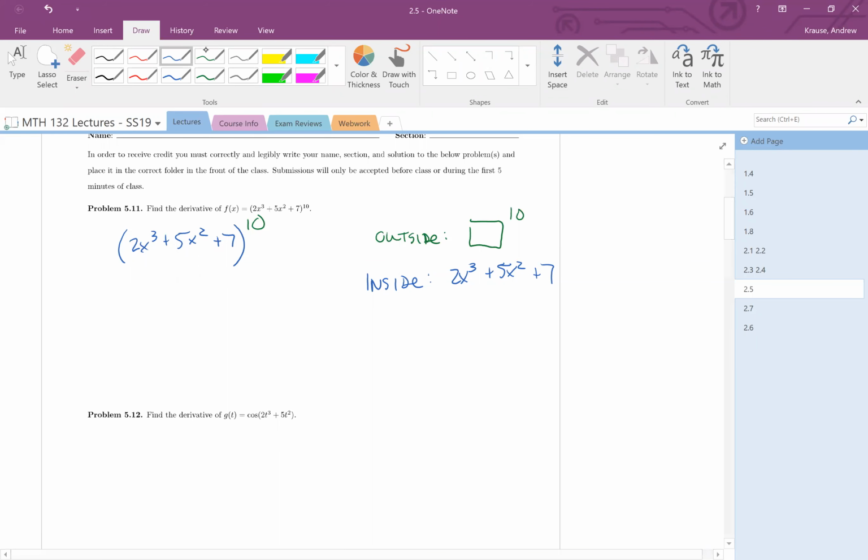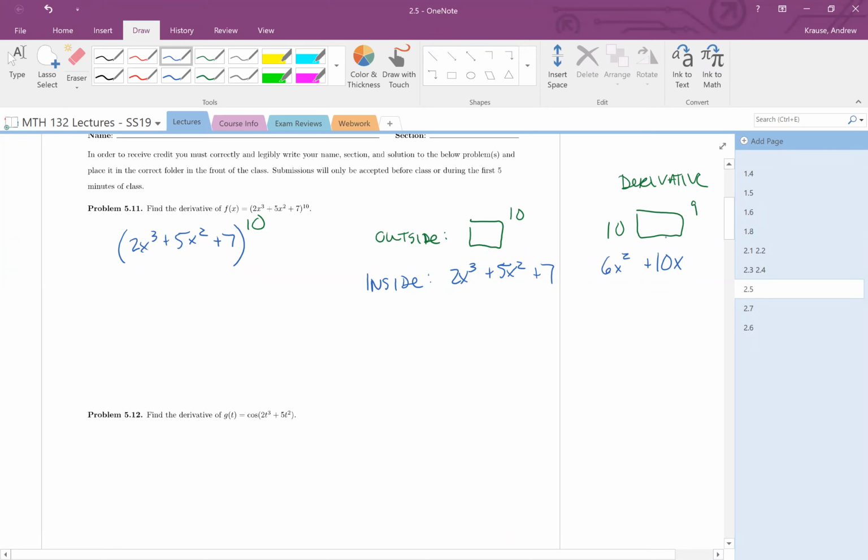So if we think about the derivative of the outside, it's going to be 10 times whatever's inside of that function to the 9th power. And the derivative of the inside function is 6x squared plus 10x.